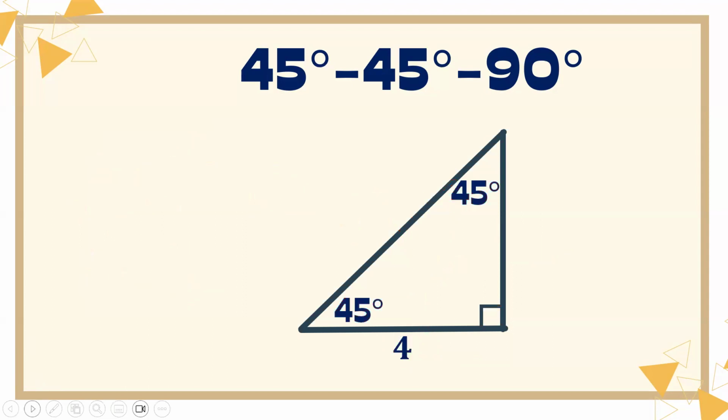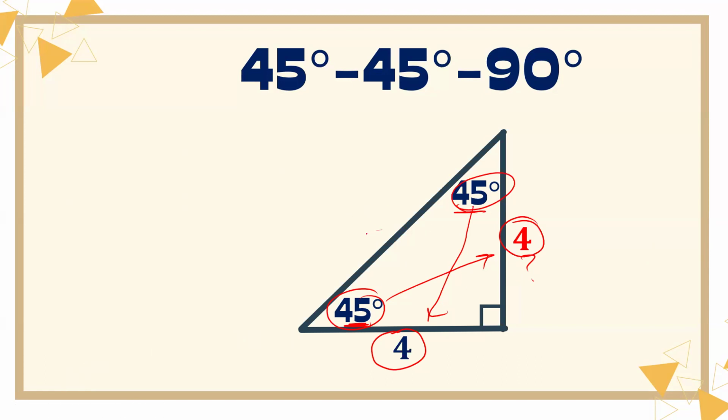Very good. So let's say we have this example. Again, if the length of the leg is 4, what would be the length of the other leg? Because it is a congruent triangle with the same angles, which is 45 degrees opposite the two legs of the triangle, then we expect that the length of the legs of the triangle would be the same. So it would be 4.